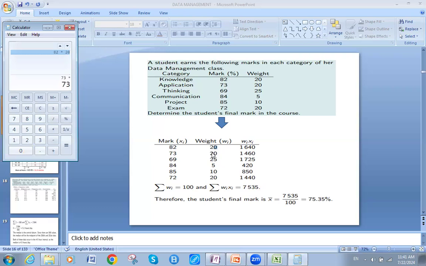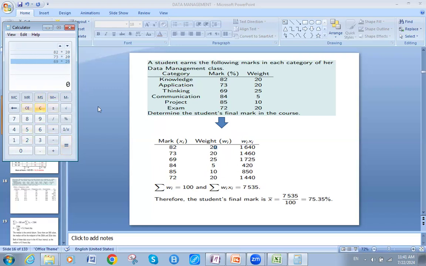The weight here is the importance of this point, for example the application, 20%. So 73 times 20 will equal 1460. Then 69 times 25 will give me 1725, and so on for the rest.